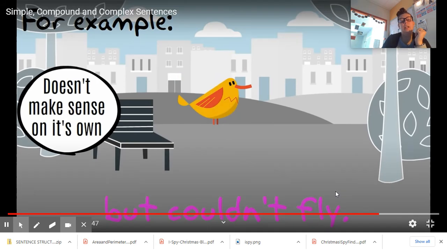Okay, so their example of a dependent clause is but couldn't fly. That doesn't make sense on its own. That isn't a sentence on its own. We don't know what couldn't fly. We don't know anything. So we need a complete sentence to add to it to make it a complex sentence.